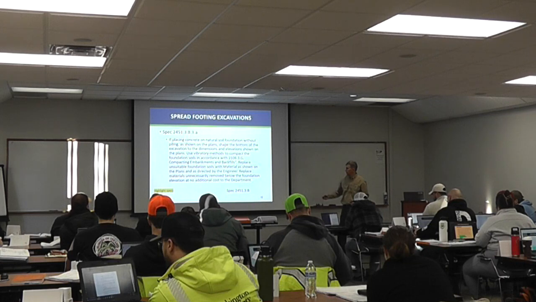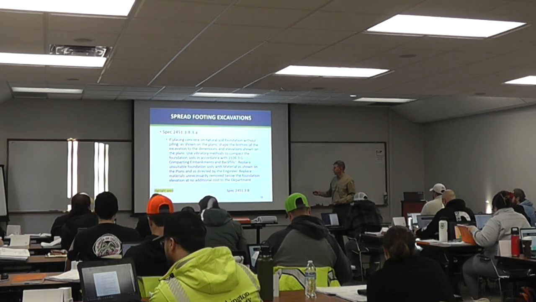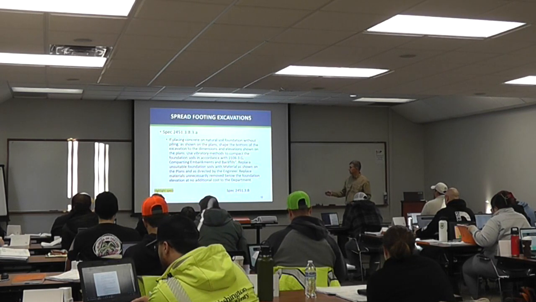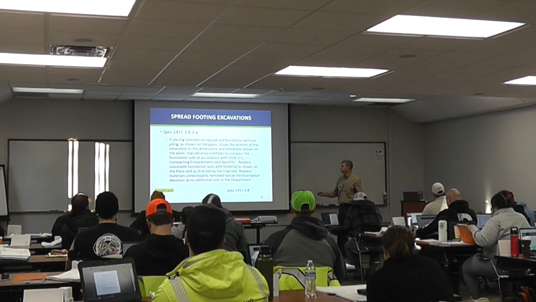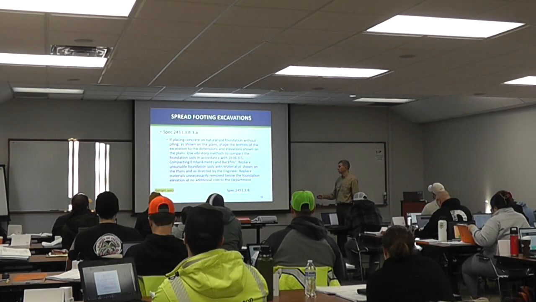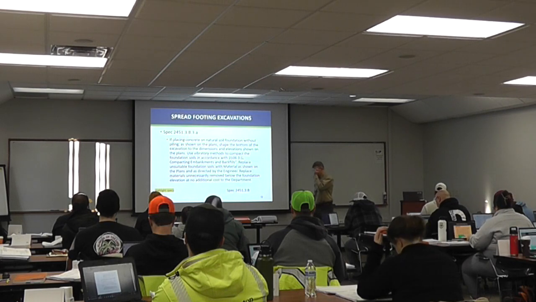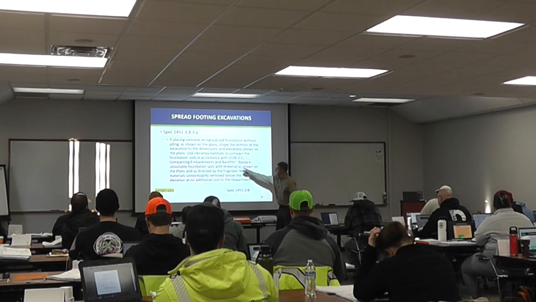And so we'll look at that here in a moment. And it also tells us to replace unsuitable soils with material as shown on the plan. And if they've unnecessarily removed stuff, it's the contractor's responsibility. So that's the spec.